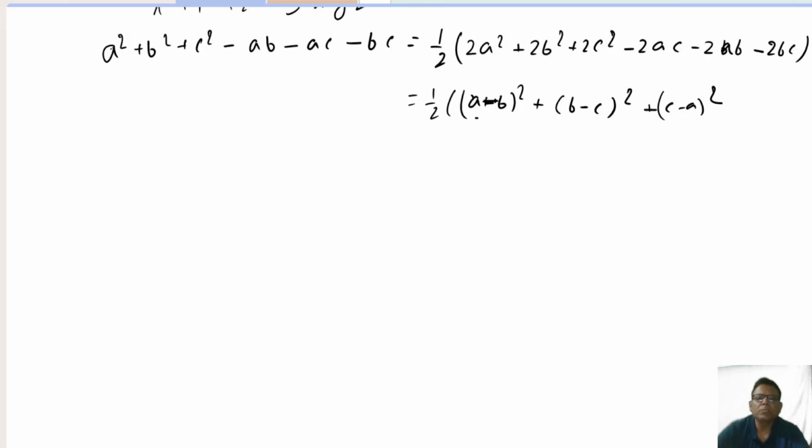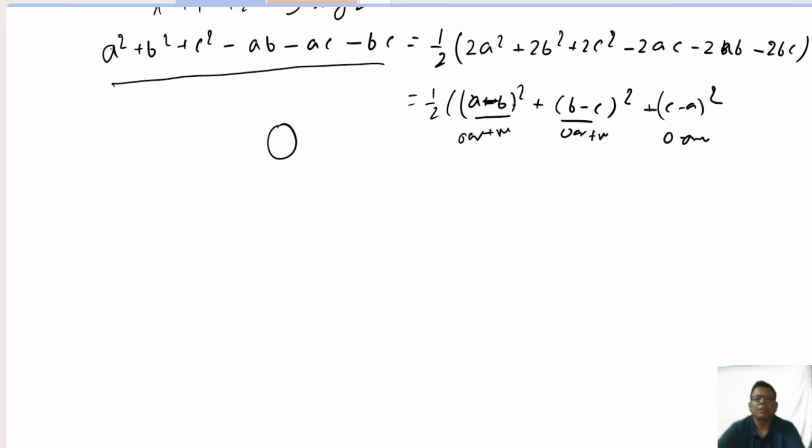So this one will be either 0 or positive. This one also 0 or positive, and this one also. So this expression can be 0 only when each of them is 0.